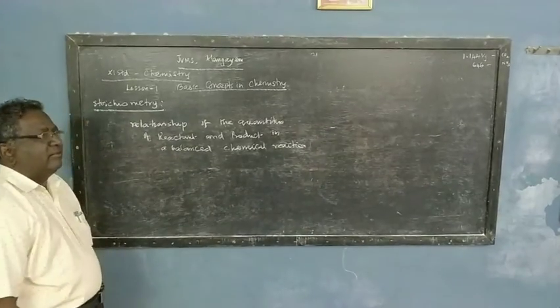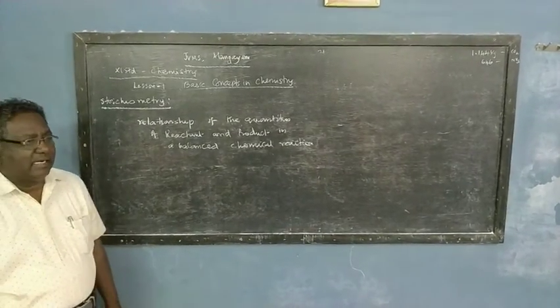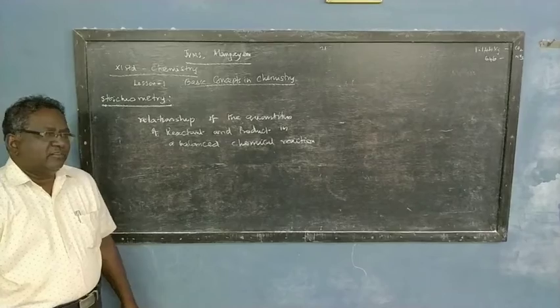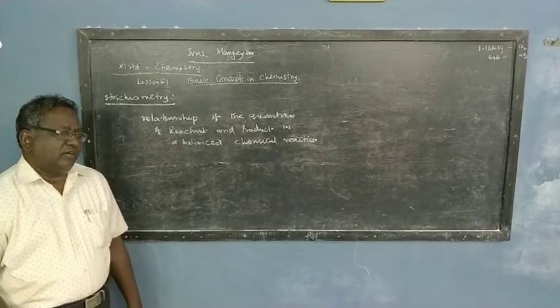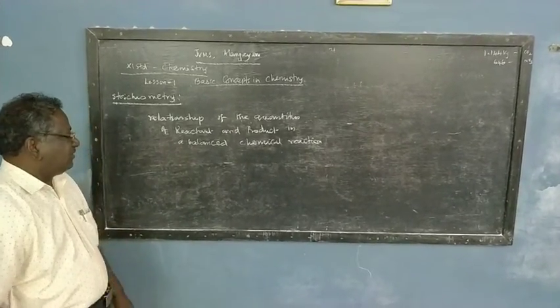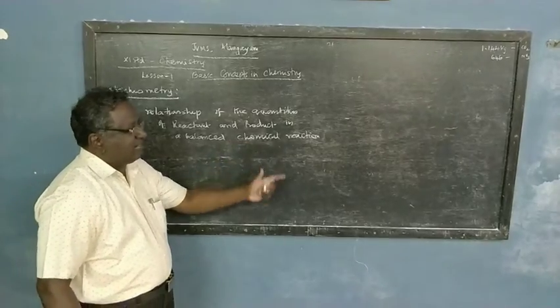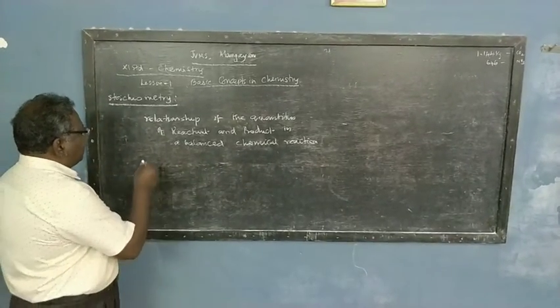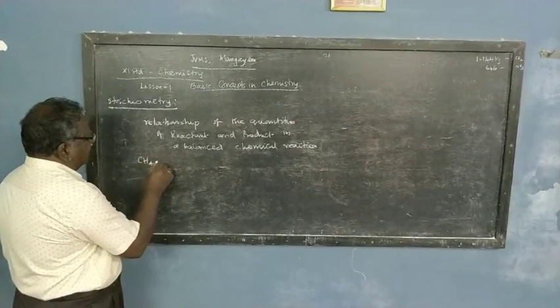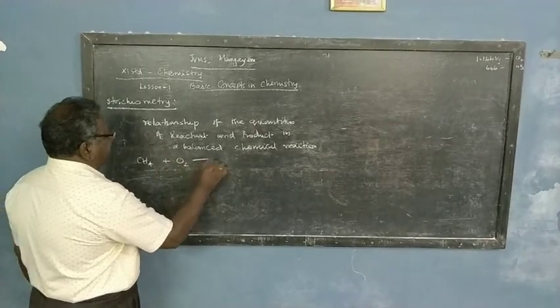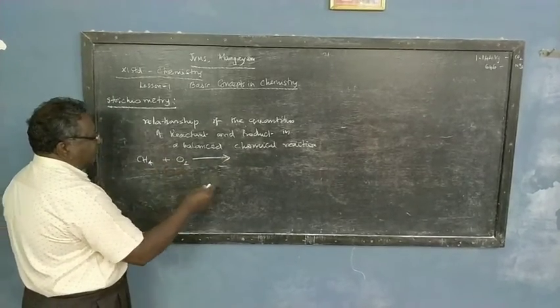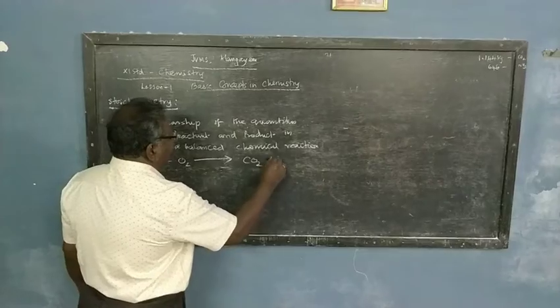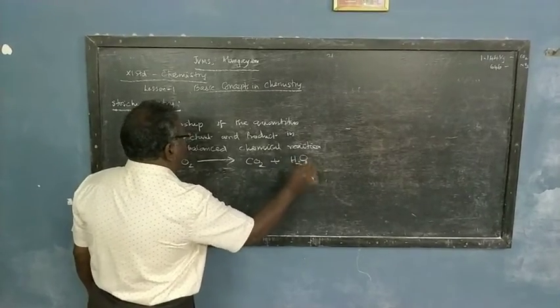Right? So this is only a relationship of quantities or the amount of the reactants and the products which are present in the balanced equation. For example, methane reacts with oxygen. This is called combustion. Methane burns in oxygen, forming carbon dioxide and water. Now how do we balance?